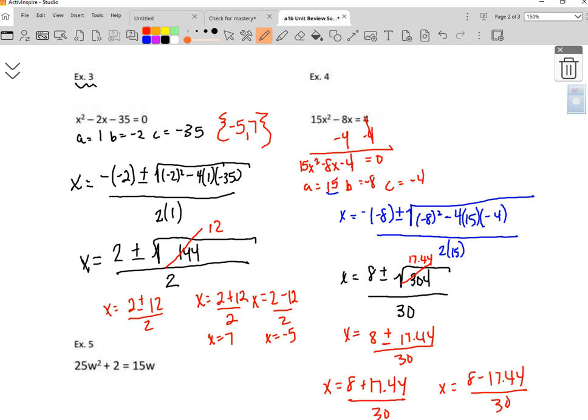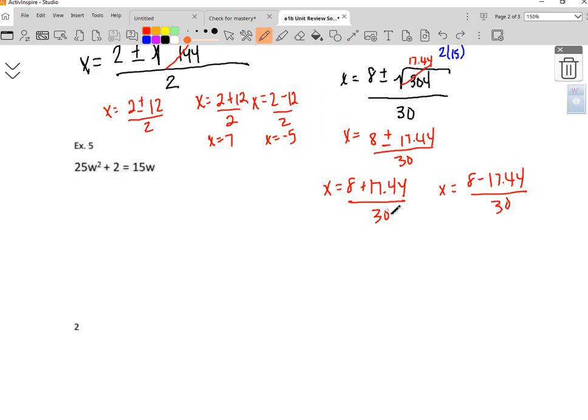And these we can just do using our calculator, but we're going to use the equal sign at the end when we get to doing the numerator. So 8 plus 17.44 equals, divided by 30.